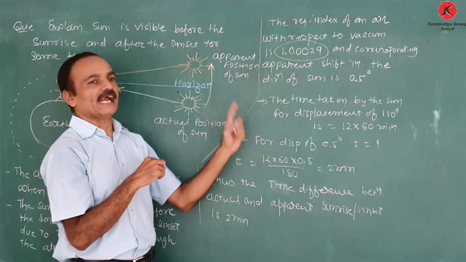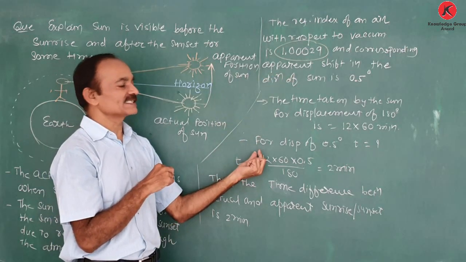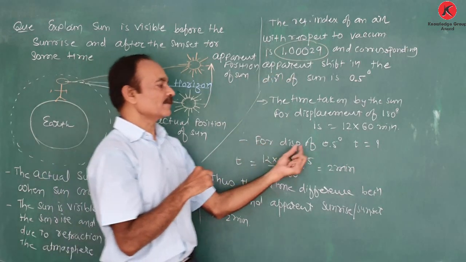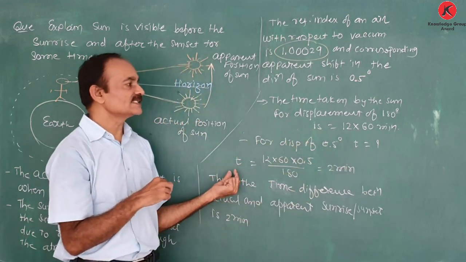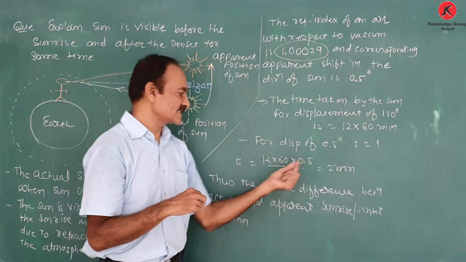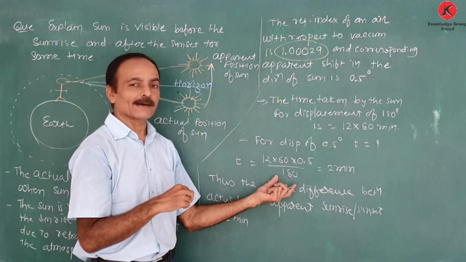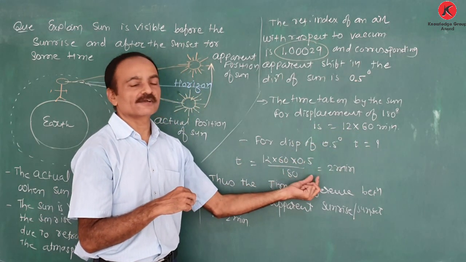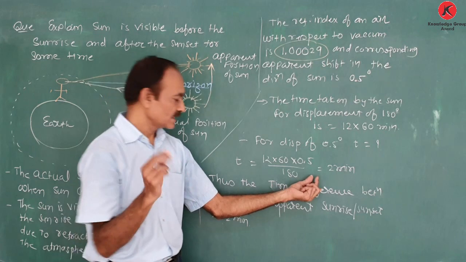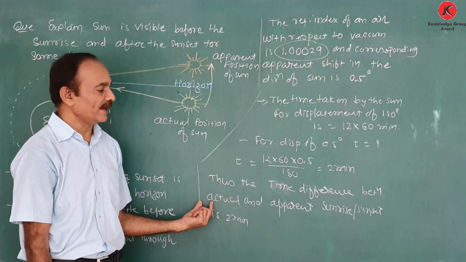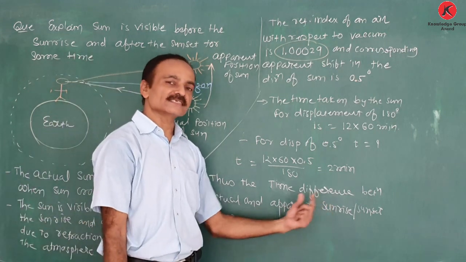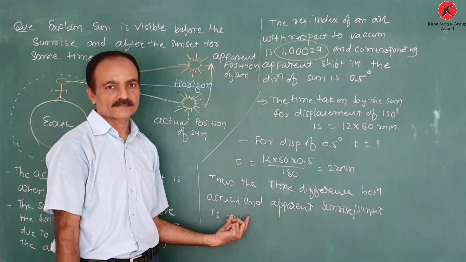Therefore, what is the time for 0.5 degree displacement? T is equal to 12 into 60 into 0.5 upon 180, which is approximately 2 minutes. Thus, the time difference between the actual and apparent sunrise and sunset is 2 minutes.